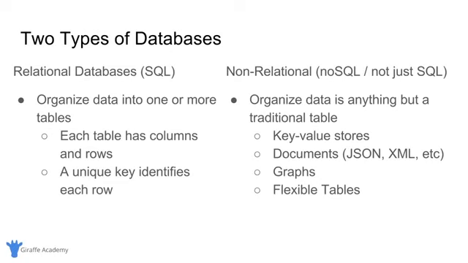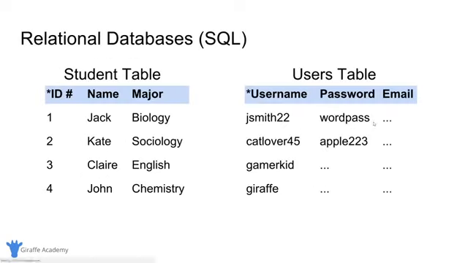So non-relational databases organize data in anything but a traditional table. So you'll have things like key value stores, documents, which would be kind of like JavaScript object notation or XML. They'll store data in graphs or even flexible tables. So really, non-relational databases is a very general category. It's just anything that's not relational.